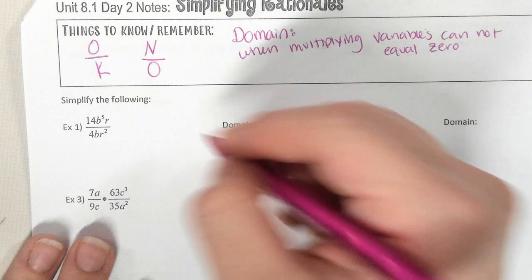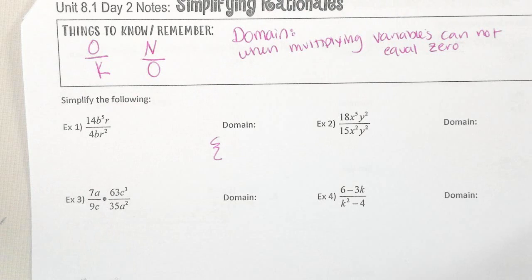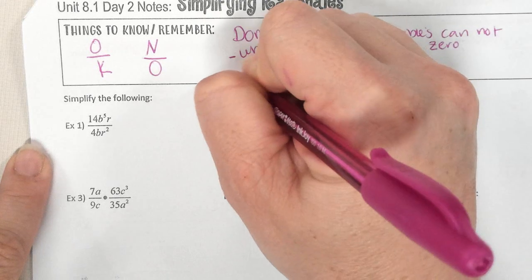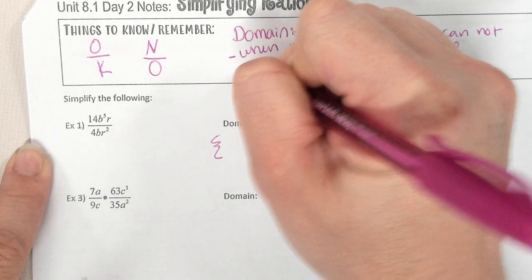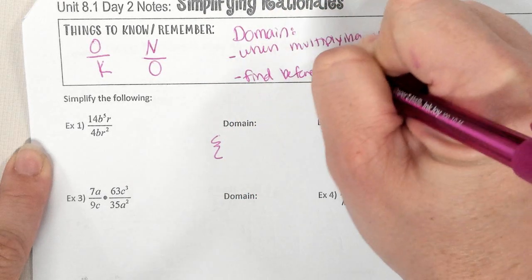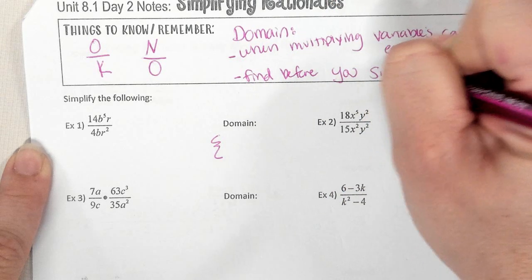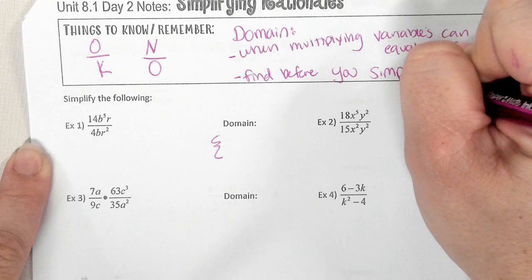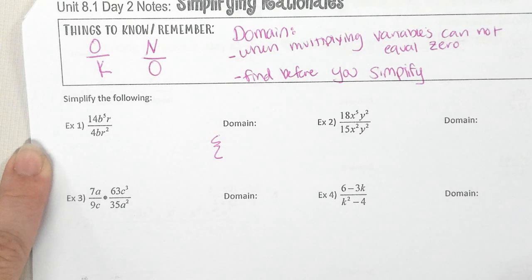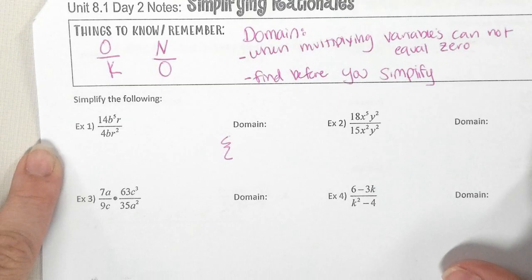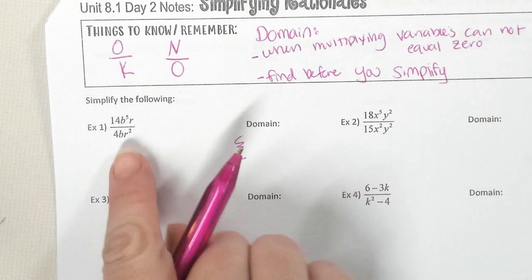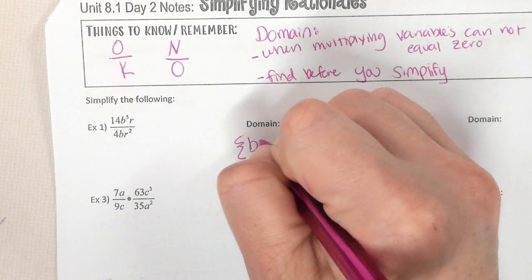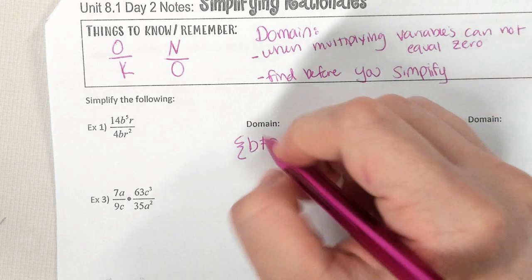So let's look at number 1. You find your domain before you simplify. So when multiplying, find the domain before you simplify. So B cannot equal 0 because we're multiplying.